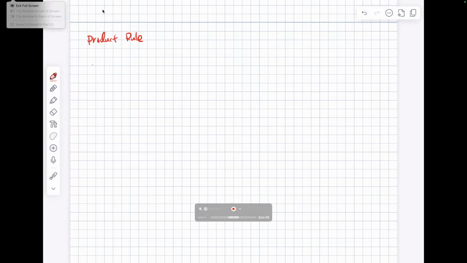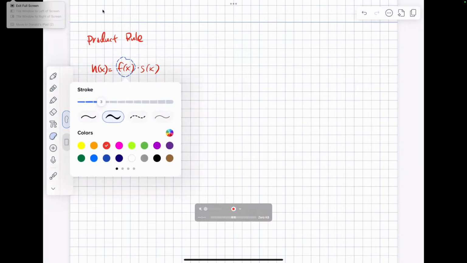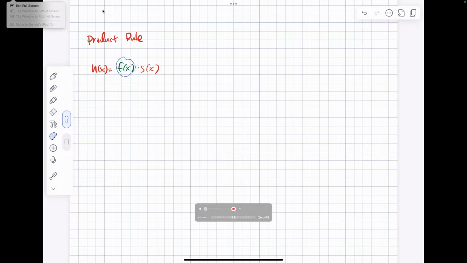Product rule says h of x equals f of x times g of x. So what we could do is call this the left function, and this the right function.